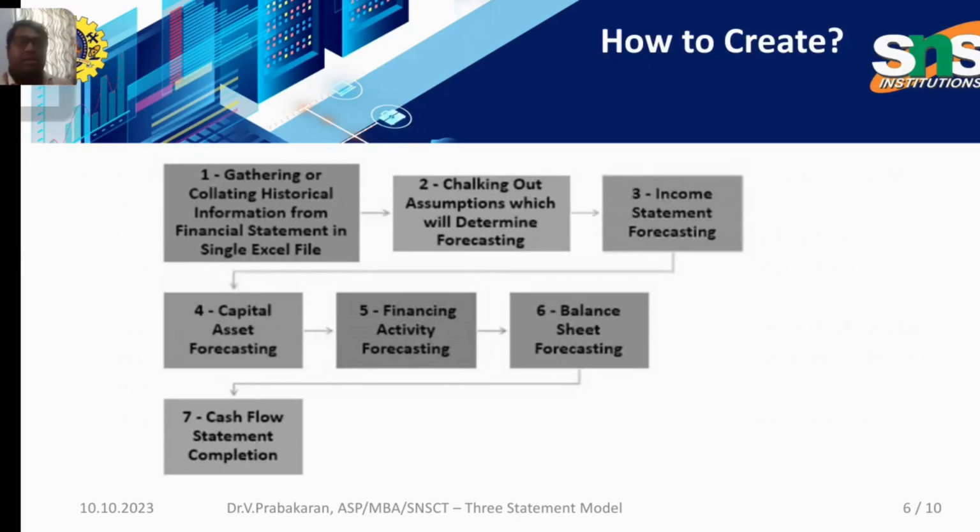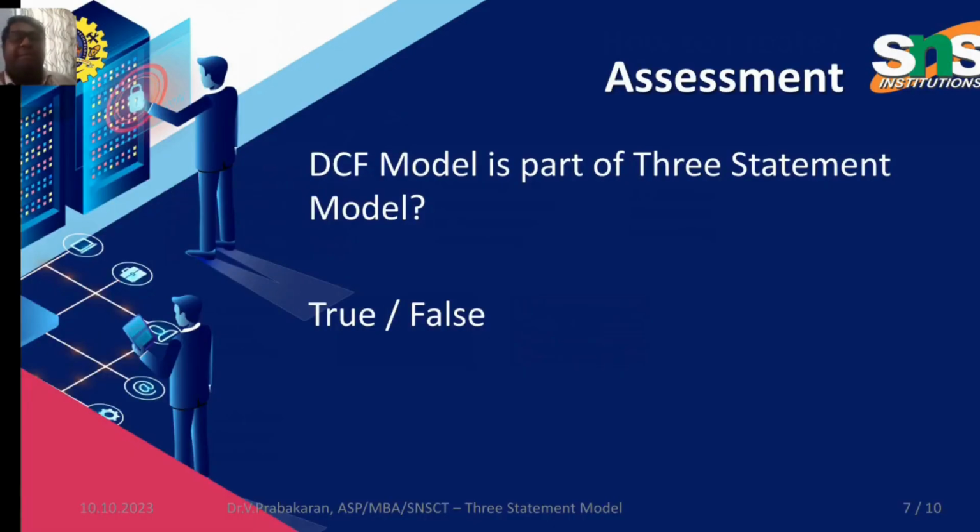So the basics of the 3-statement model are done. In the next class I will show you live workings on how we can download this 3-statement model from the internet and how we can do the workings. Before closing, let me assess how you understood the concept of the 3-statement model.